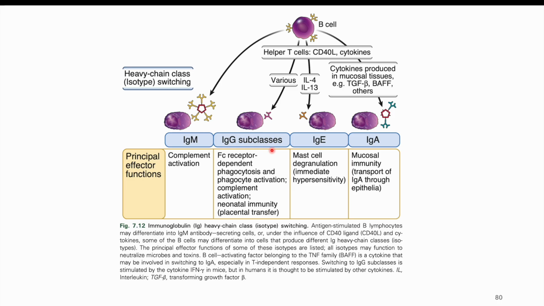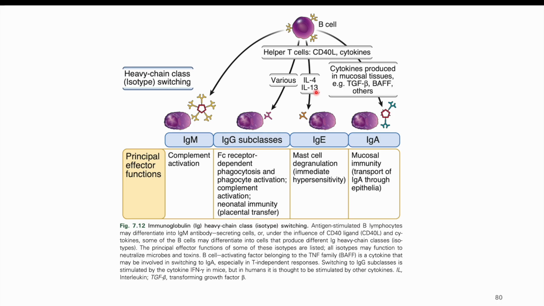Okay, so imagine this is the B cell, or say it is the antigen stimulated B lymphocyte, and it may differentiate into IgM antibody secreting cells, or under the influence of CD40 ligand and cytokines, some of the B cells may differentiate into cells that produce different Ig heavy chain classes, which are called isotypes.